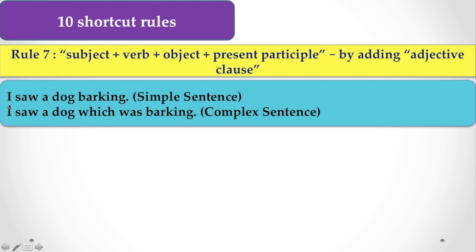That is, "I saw a dog barking." Here, barking is a present participle, and when you wish to make this sentence a complex one, you have to write, "I saw a dog which was barking." Here, this is an adjective clause, and after dog, you have to use this adjective clause.